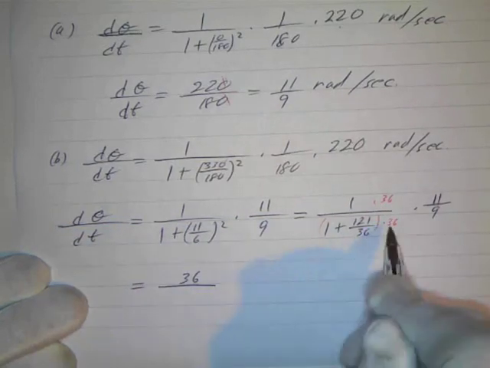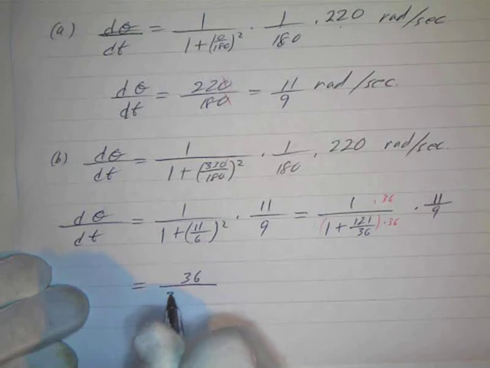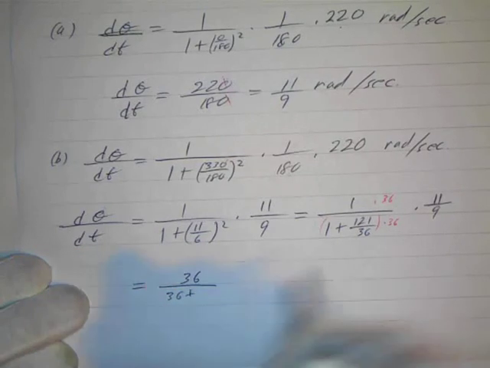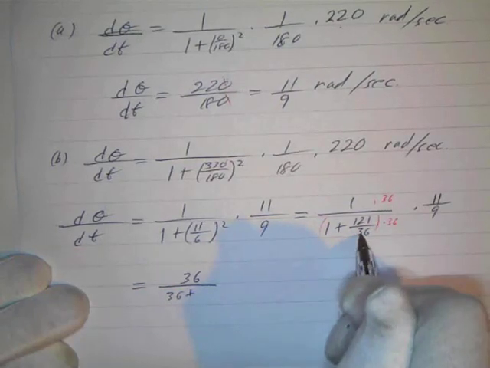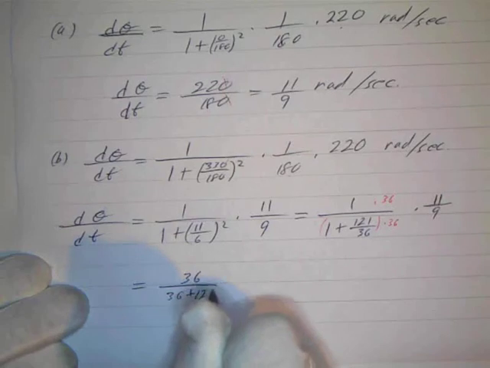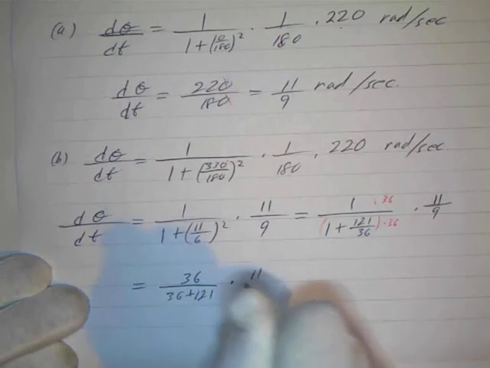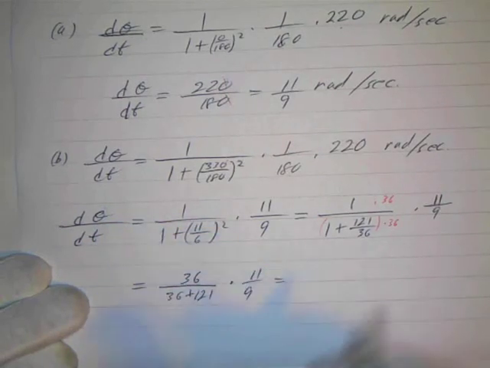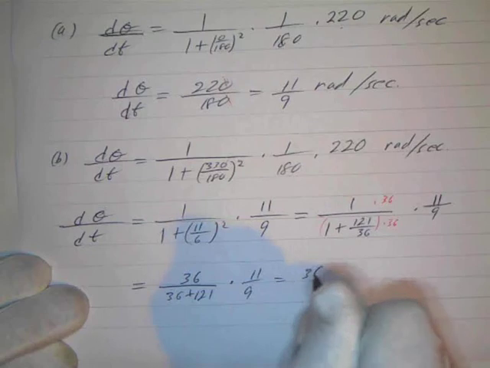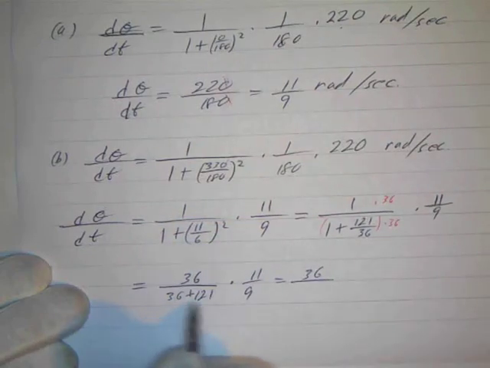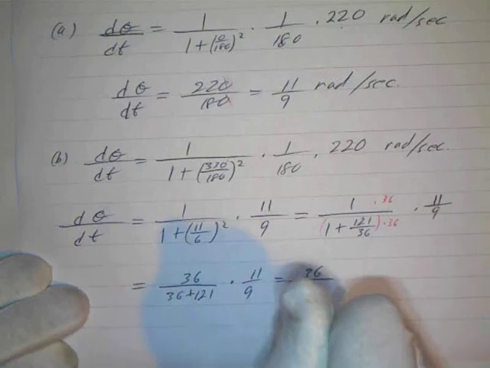And this is going to be 36 times 1 is 36. And the 36 over 36 becomes 1, so I just add 121. And again, the times 11 over 9. And that's going to be 36 over, and then this is going to be 157.